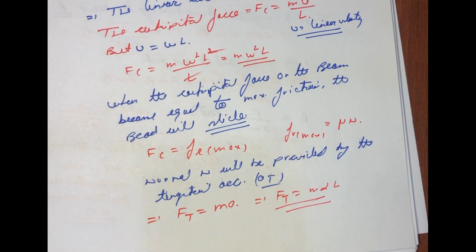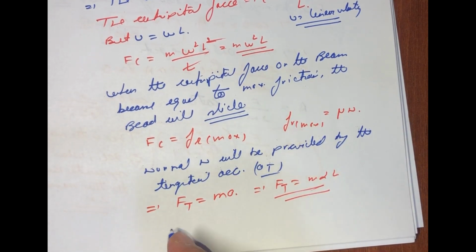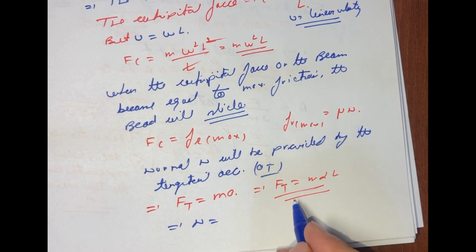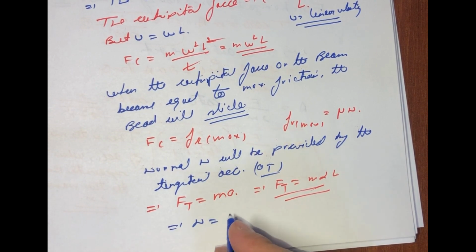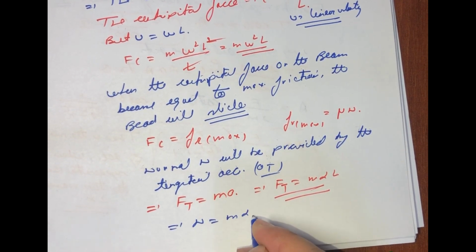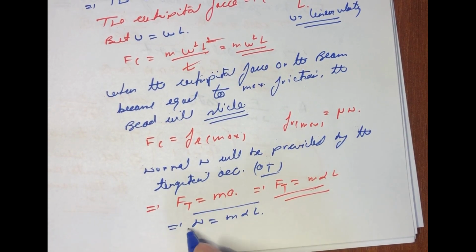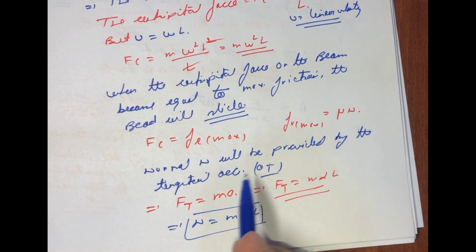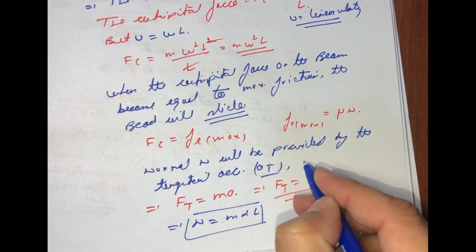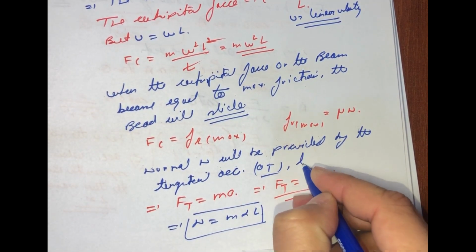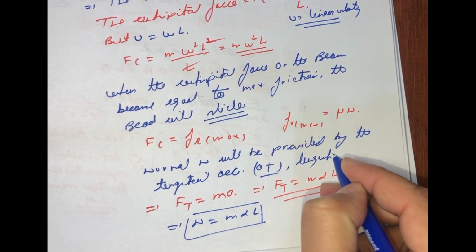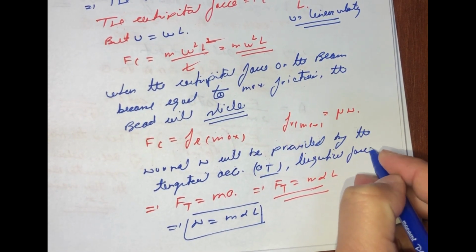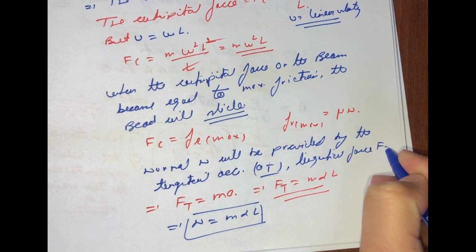Therefore the normal will be equal to m alpha L. So this is the value of the normal. Normal N is provided by the tangential force Ft.